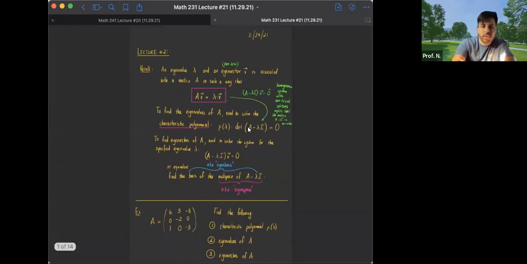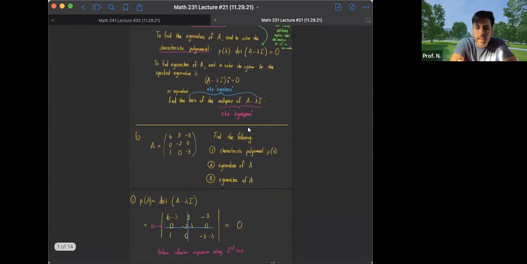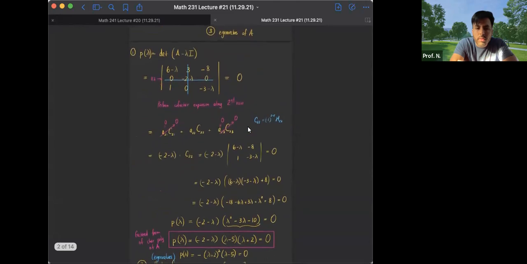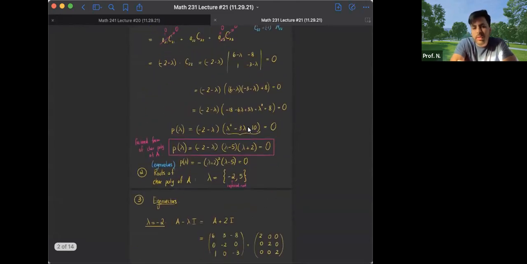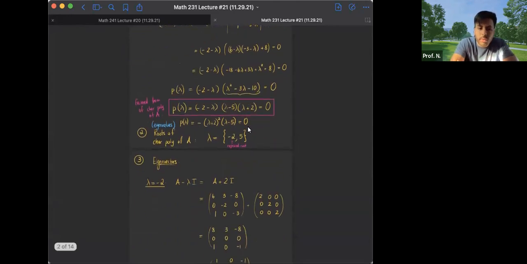We're continuing our study of eigenvalues and eigenvectors. So this is the second class that we're talking about eigenvalues and eigenvectors. In particular, we reviewed how to find eigenvalues, which is to find the roots of the characteristic polynomial.